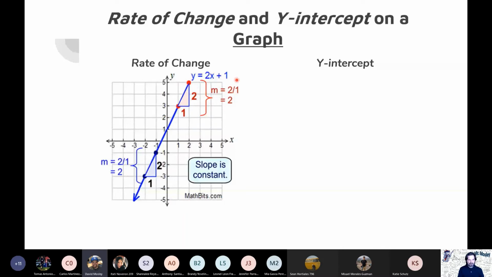So we have 2 divided by 1. If we pick another 2 points, we get the same change. We add 2 to y, add 1 to x. So we have 2 divided by 1. So to find the rate of change on a graph, we need to pick 2 points. Then the change in y gets divided by the change in x.